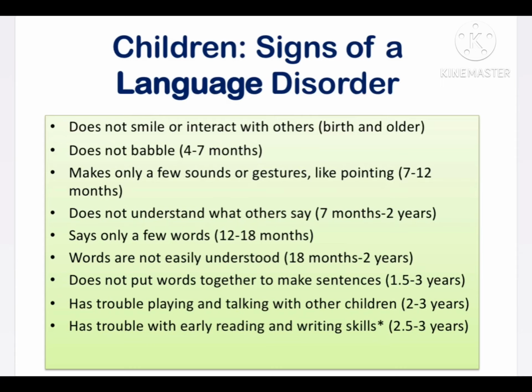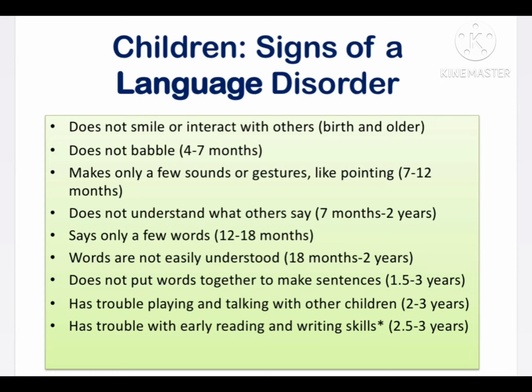Children's signs of a language disorder. Birth and older: does not smile or interact with others. 4 to 7 months: does not babble. 7 to 12 months: makes only few sounds or gestures like pointing. 7 months to 2 years old: does not understand what others say. Then 12 to 18 months: says only few words.